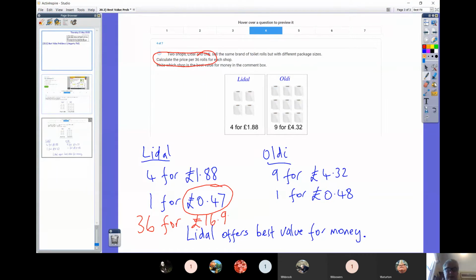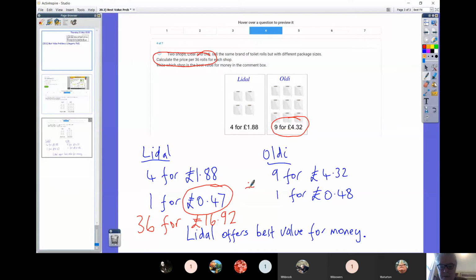The question says calculate the price per 36 rolls for each shop. So I guess on Hegarty they'll have a little box and you put in £16.92. Now for Aldi, we've got 9 costing £4.32. So please make your first line of workings go back to how much 1 roll would cost. So we're dividing by 9.